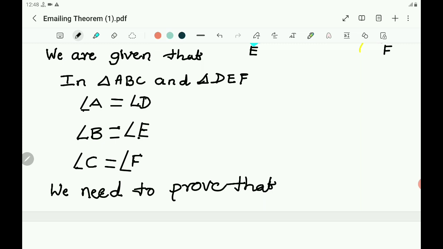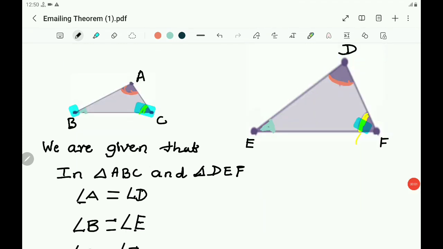We need to prove that AB by DE equals BC by EF equals AC by DF.